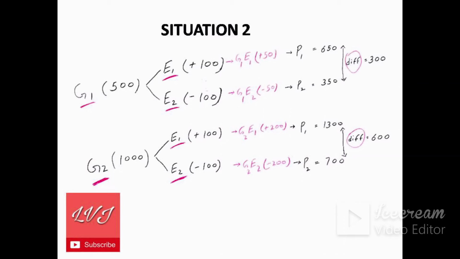So, similarly, here again we will calculate the phenotypic value, but here we can see that there is one more factor coming into play. This is genotype environment interaction. For the genotype 1 individuals in environment 1, for calculating the phenotypic value, we will add 500 plus 100 plus 50.